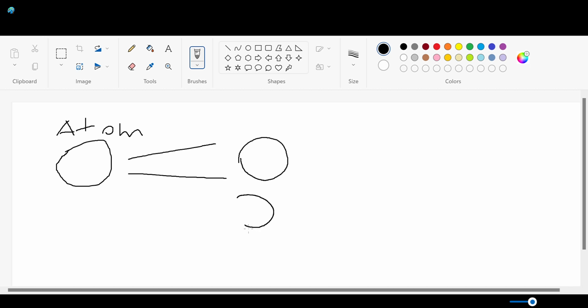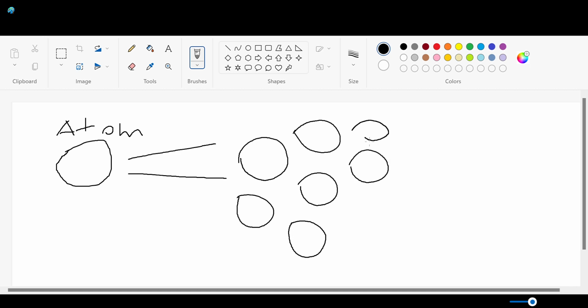You get more collection of things you can manipulate with atoms. Now here's the funny thing about an atom. The drawback of an atom is that you can't consciously record anything.